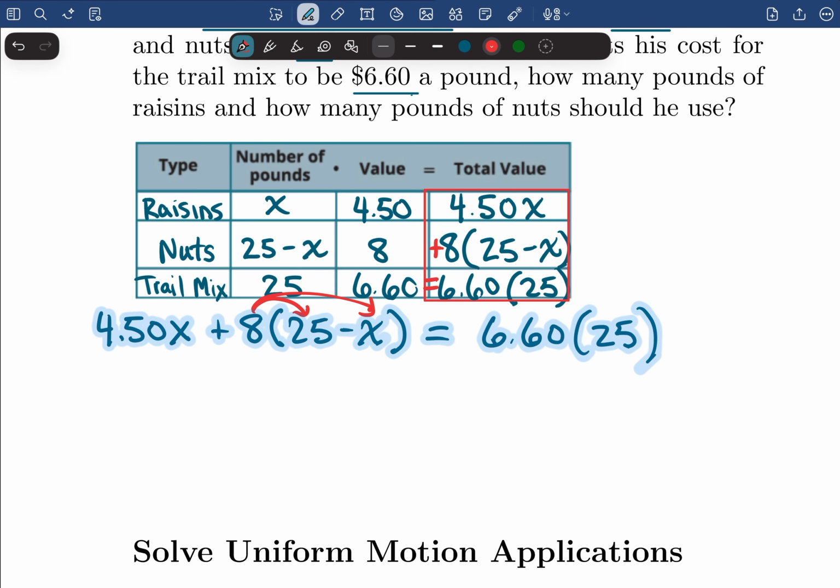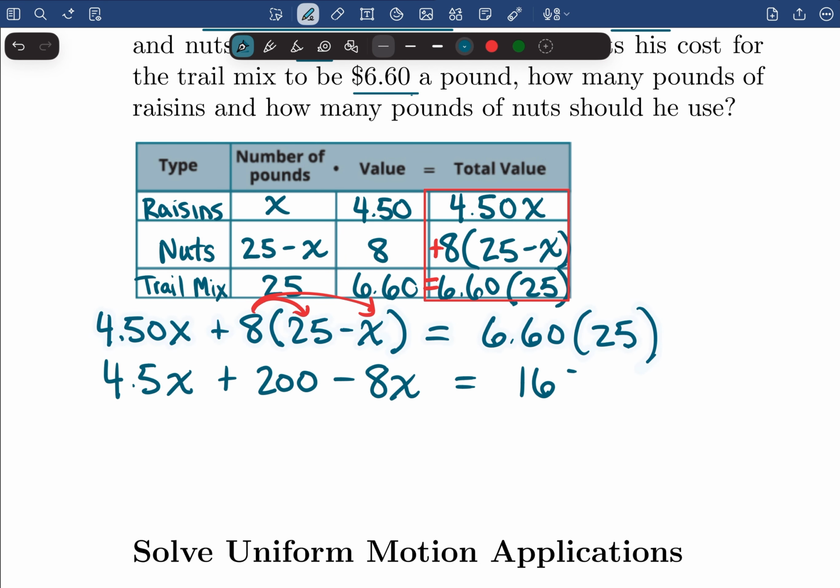So cleaning this up, we get 4.5x. We can drop the 0 to make life easier if we want to, plus 8 times 25, which is 200, minus 8 times x equals, well, 25 times 6.60, which is 165.